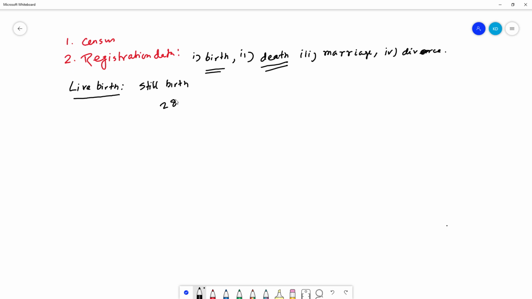The death is indicated by the fact that after such separation the fetus does not breathe or show any other sign of life, such as beating of the heart or pulsation, etc. These are the signs of life.